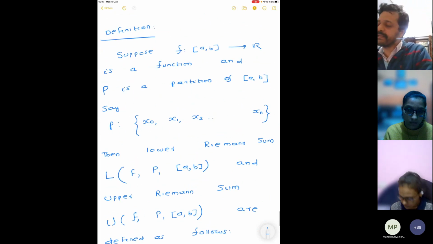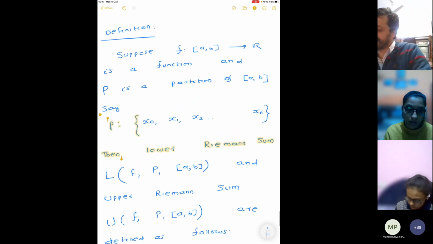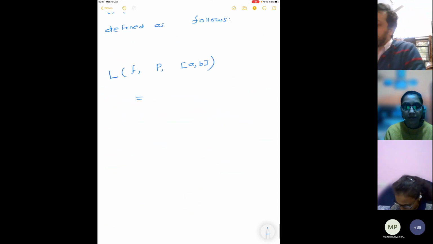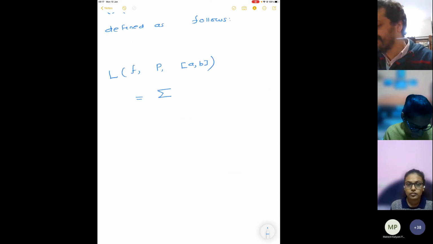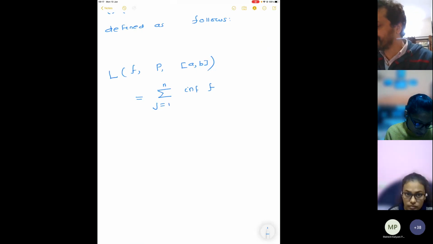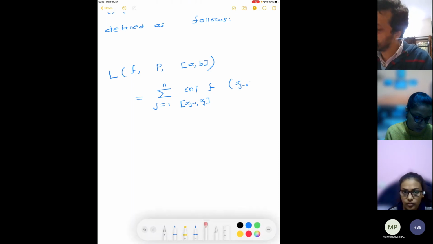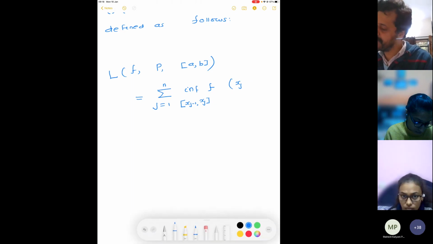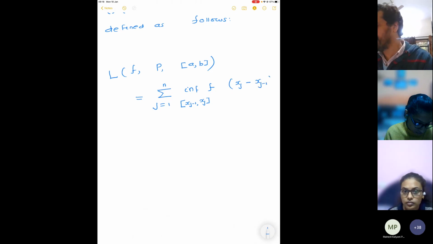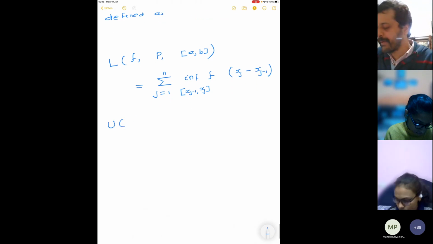If the constant you take is the supremum, then you will get the upper Riemann sum. So L f P AB is the summation j equal to 1 to n of inf f over the interval xj minus 1 xj, into the length xj minus xj minus 1.